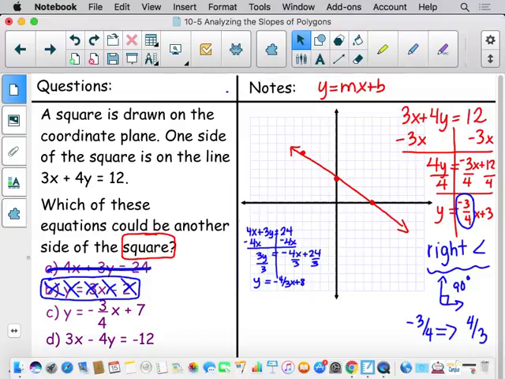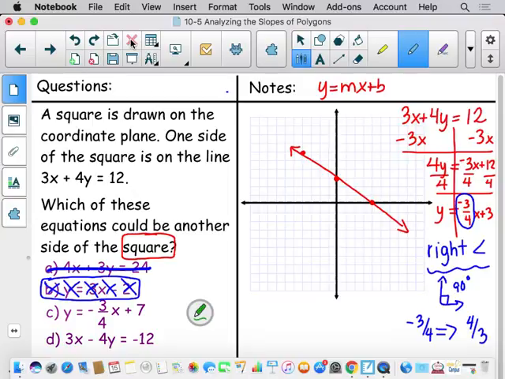So this can go. Now we've got negative 3/4 x plus 7. Well, negative 3/4 x plus 7, so 7 is up here, down 3/4 here. So this one is parallel.